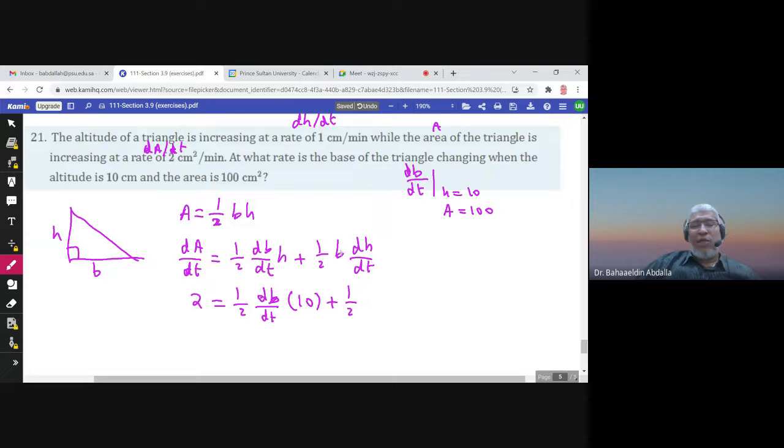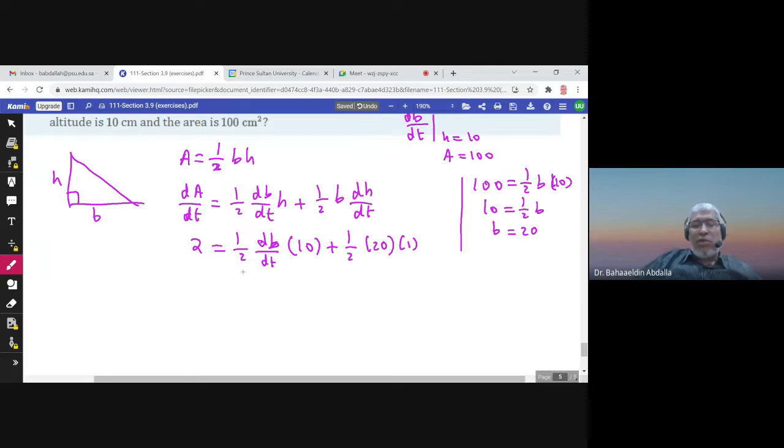B is not given, but the area is given. So if the area is 100, then 100 equals half times B times H, which is 10. And we can find B here. If I divide by 10, then half B would be equals to 10, or B just 2 times 10, which is 20. And dH by dt is given, it is 1.